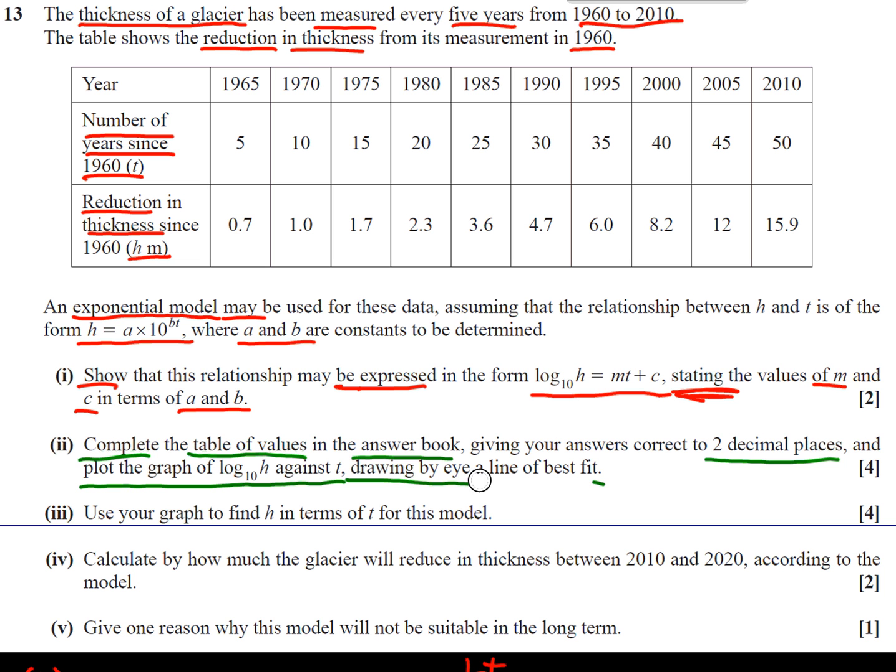So drawing by eye, let's try and break it out so we can see the bit. Line of best fit. So we've got 2 activities to do. We've firstly got to create the table of values, and secondly we are going to plot it and draw a best fit line. Okay, so this looks like most of the question here in terms of spade work, doesn't it, for our 4 points?